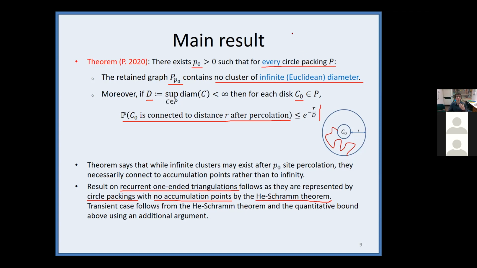For instance, let me draw square packings. Very soon I will talk about square packings because it's more convenient to draw, and technically it's slightly easier to prove, but it's the same idea. So let me draw squares. For instance, consider a square packing that has this structure. It looks more or less like Z squared. So you see squares that look like Z squared. But between these, I put very small additional squares like that.